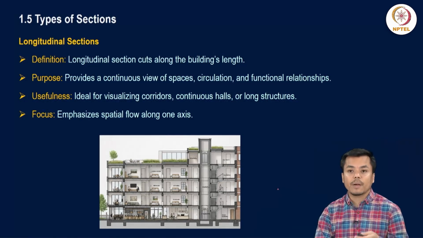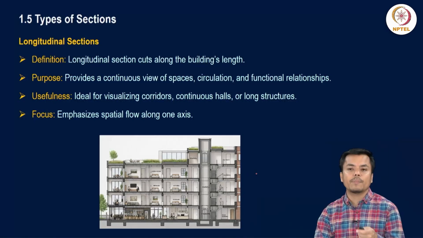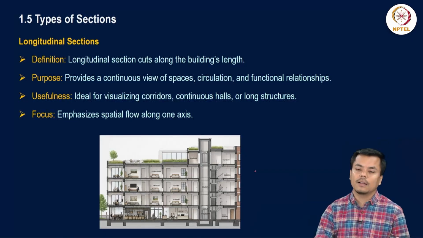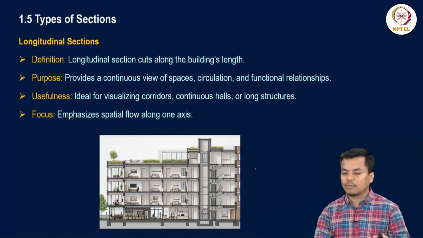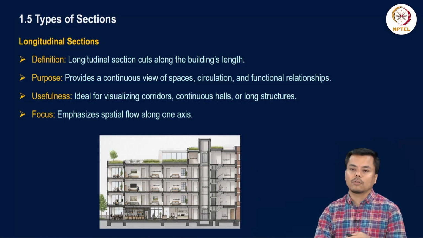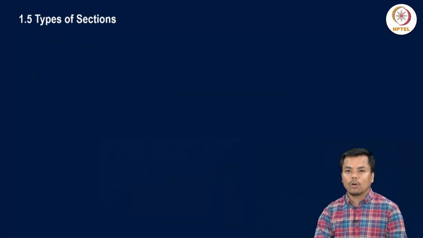It emphasizes spatial flow along the axis, how the movement is possible within the spaces, how the spaces are connected with each other, and if there is any change that has to be done so that the activities can be performed within the space without any obstruction. So all these can be understood with clarity from the longitudinal section.